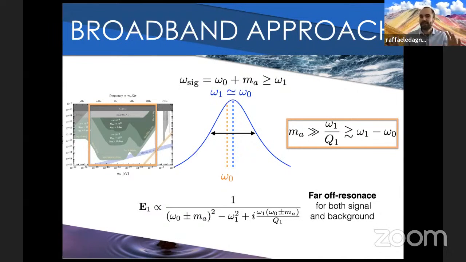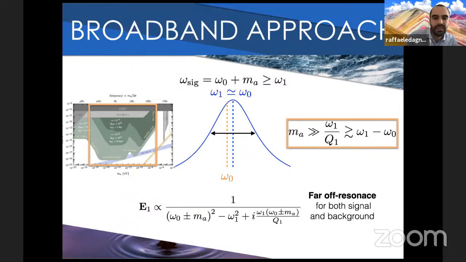So the experiment is always the same, but our data acquisition stream is reading out many frequencies, including the much higher ones where the axion lives. So our actual signal frequency, omega_sig, let's call it, is going to be much bigger than the frequency of the signal mode. That's why I'm saying that we're driving it far off resonance. But the same is going to be true also for noise.